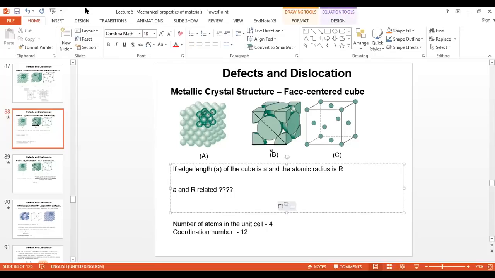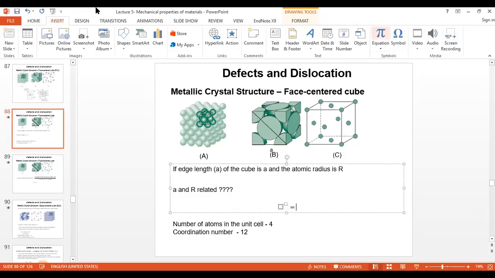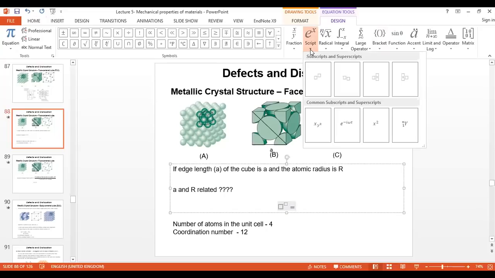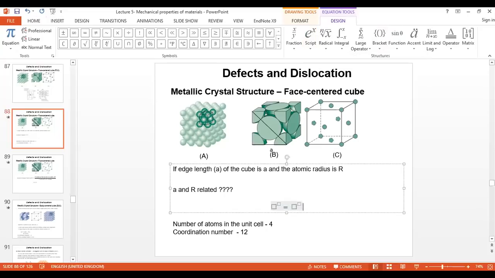So this is the diagonal length, right? So that length, how much it is, we can write 2R plus R plus R, to the power 2.